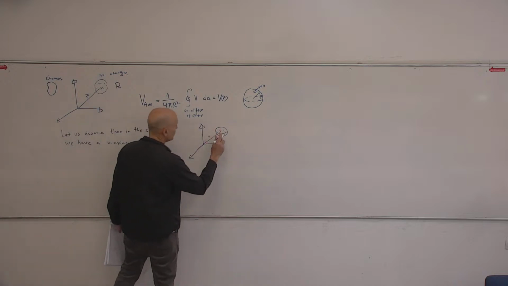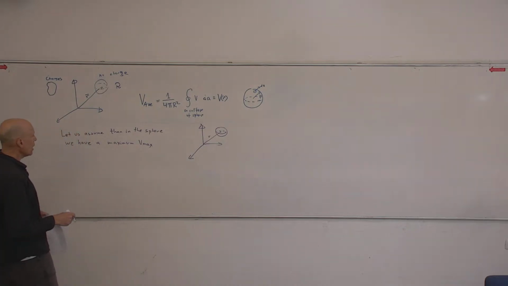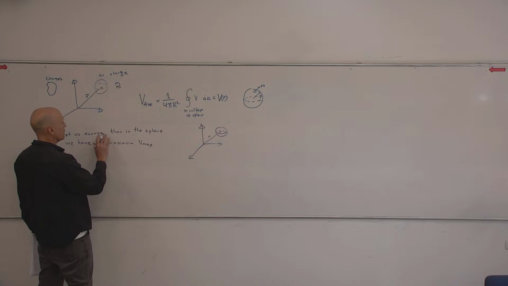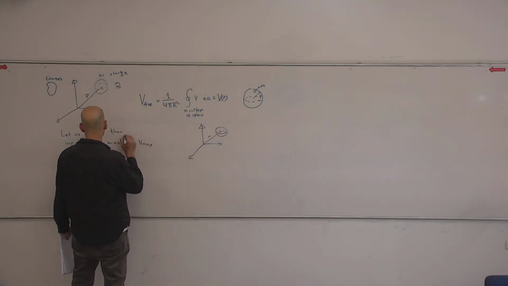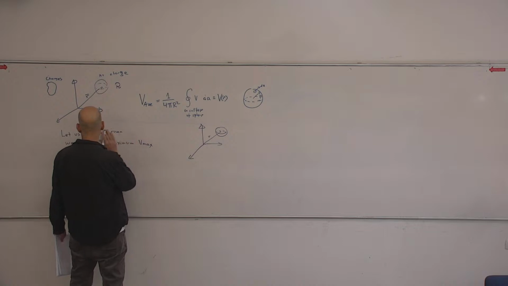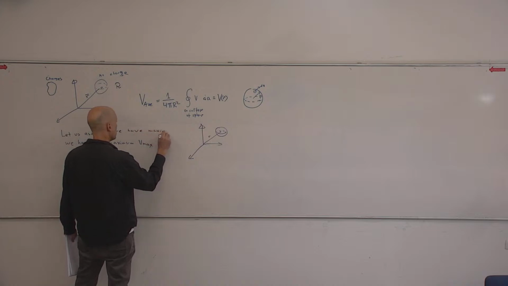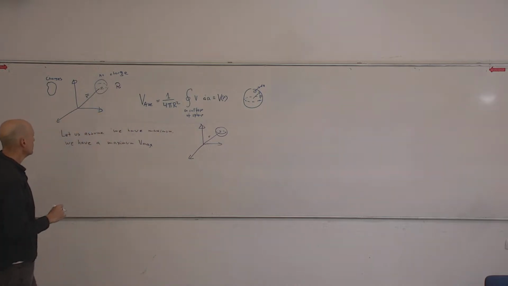Where is the maximum? Let us assume, not in the sphere, in general, we have a maximum. Where is this maximum? Again, it's somewhere where there's no charge. I claim not on the boundary.